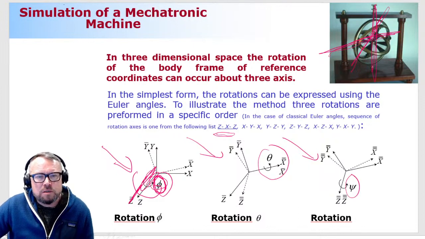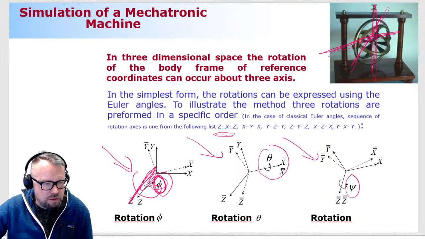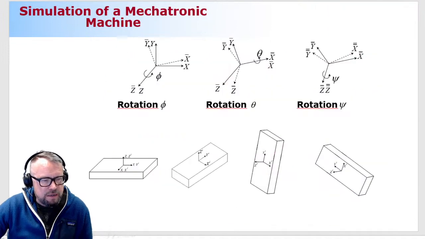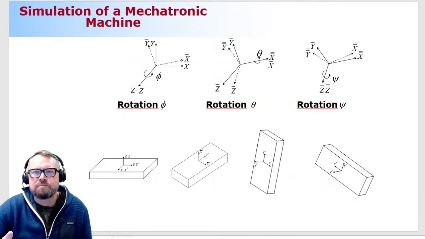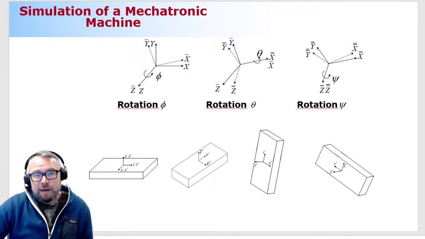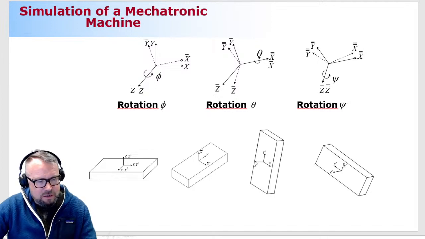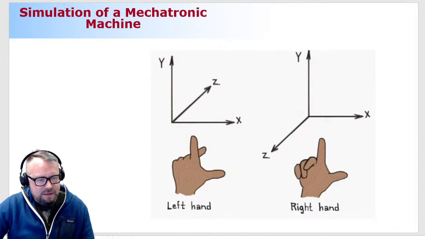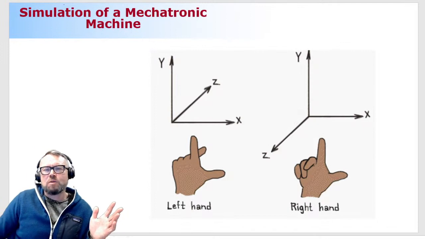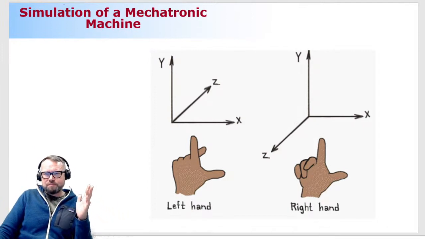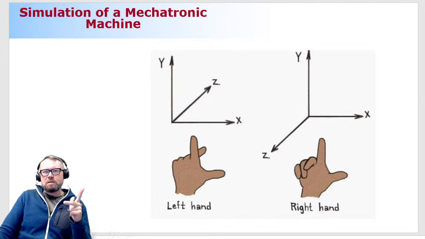How to remember the direction? Okay, let's take a look at the direction. But again, the idea is this: you do 3 successive rotations, and the positive directions. First of all, it depends on how you describe your coordinate system. Is it going to be a left-hand coordinate system or a right-hand coordinate system?